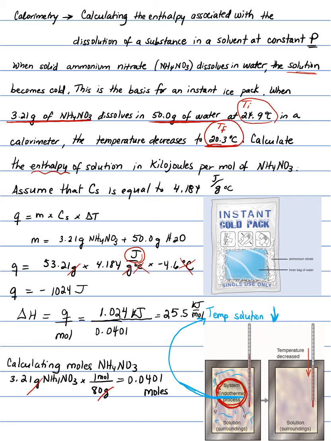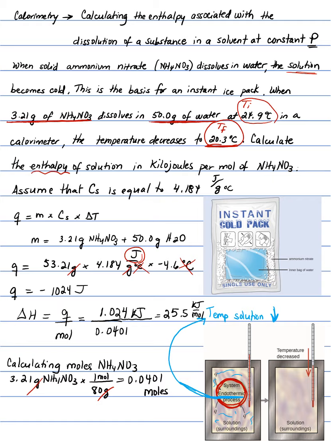For your solution, you have a negative number because the temperature is decreasing, but that process is endothermic and it's absorbing heat from your solution. So whenever you're trying to find out the enthalpy, the first thing that you're finding is the heat, and the Q that you're using to find the enthalpy will always have the opposite sign of the one that you're using from your solution.